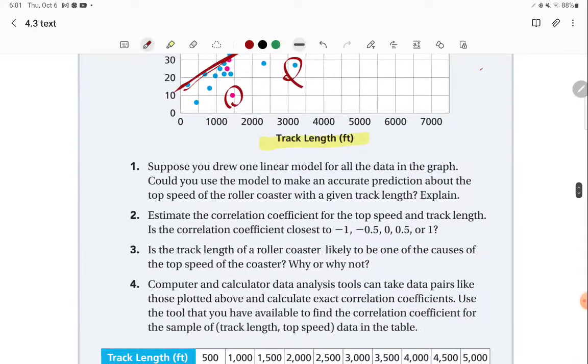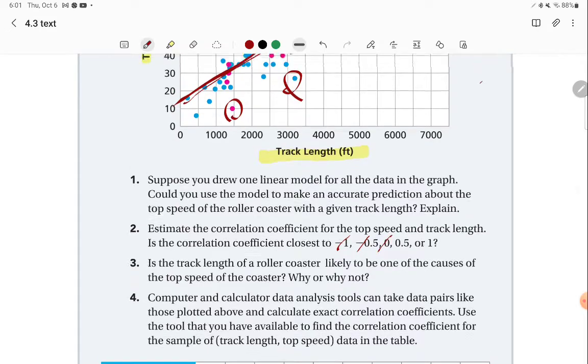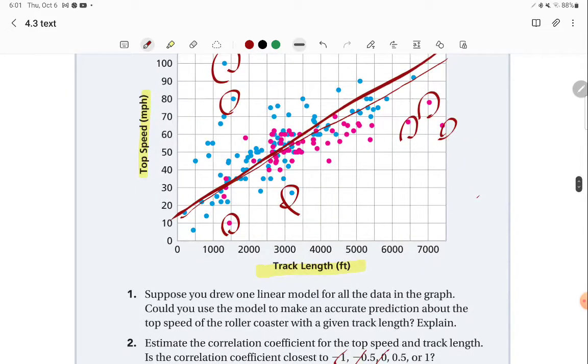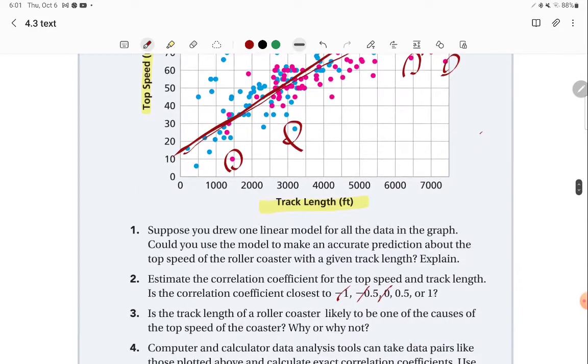In number 2, estimate the correlation coefficient. We know that it's not -1, -0.5, or 0, because there is a correlation. But in this case, it's not close to 1 because it's not a strong correlation. So it's actually closer to 0.5. And 3, is the track length of a roller coaster likely to be one of the causes of the top speed of the coaster?